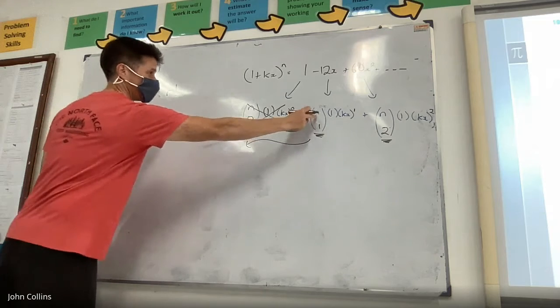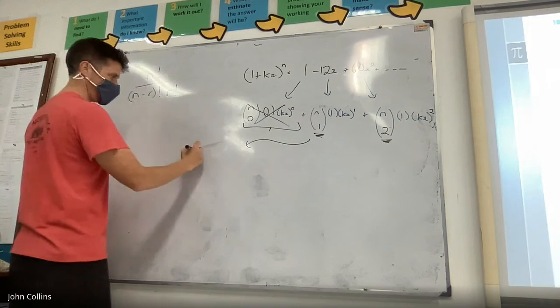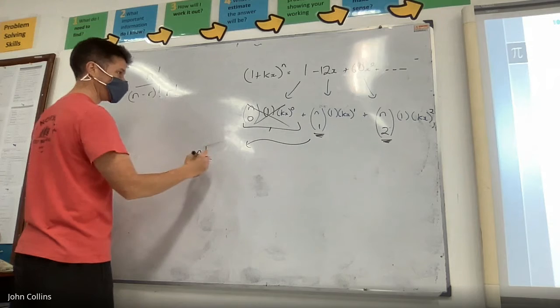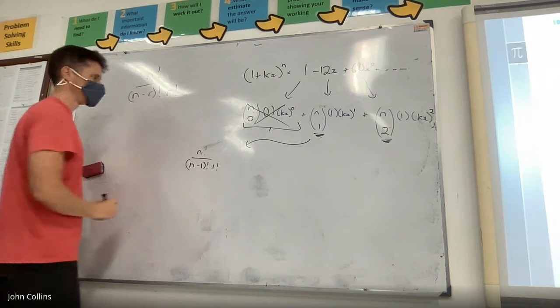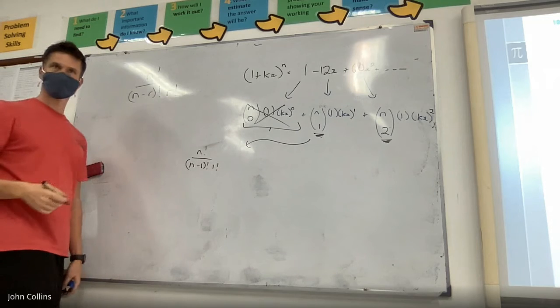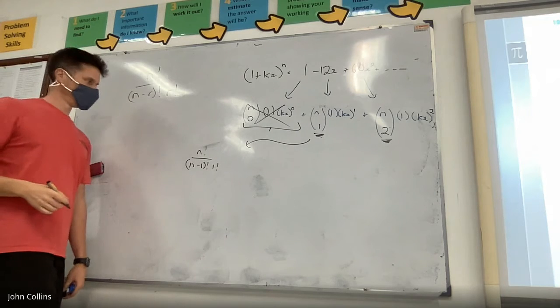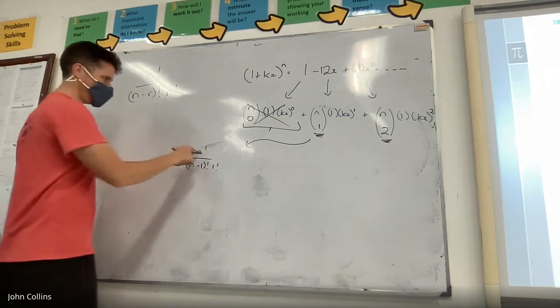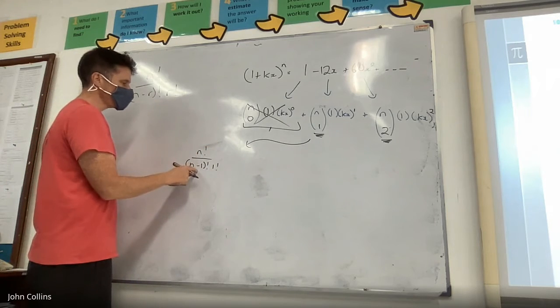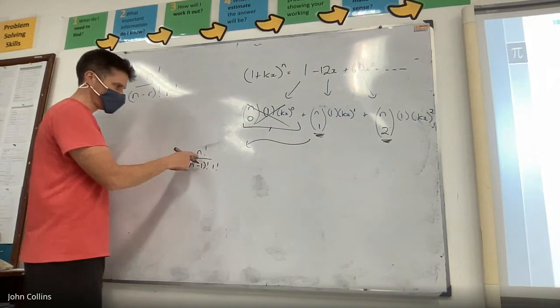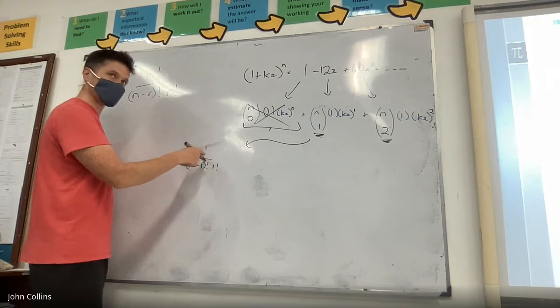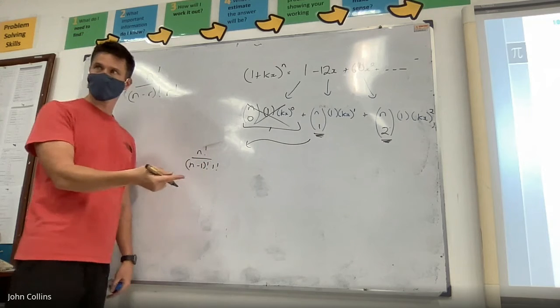Okay, let's change that into this form. N factorial over n minus 1 factorial times 1 factorial. Simplify now. N minus 1 factorial. The next one's n minus 2, the next one's n minus 3. On the bottom, the next one's n minus 1, all the way down.